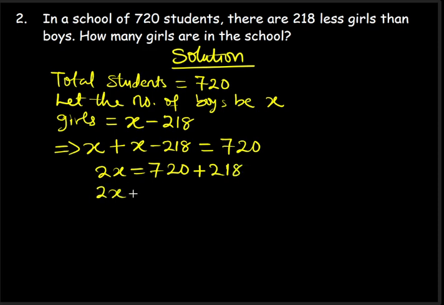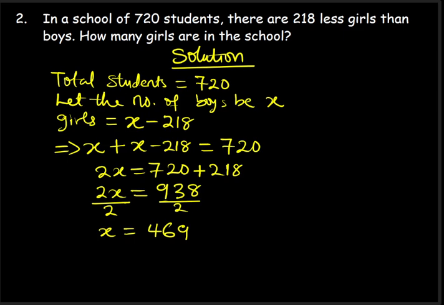So 2x equal to, that will give us 938. So you divide both sides by 2, then we'll have that x equal to 469.